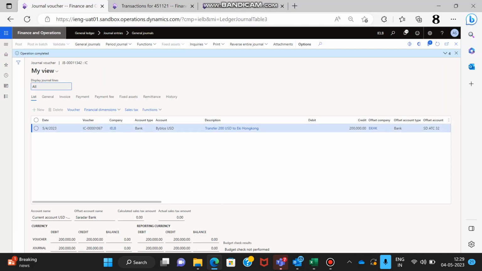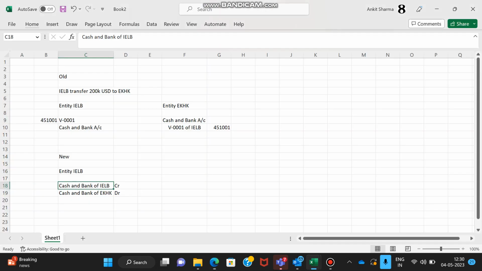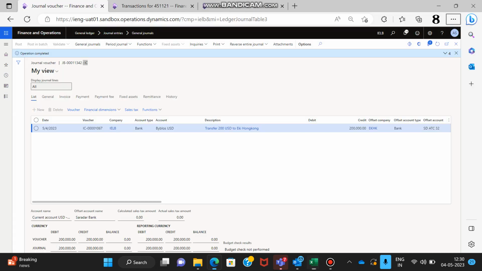If I go to the general journal and select the intercompany voucher, you can see IC voucher, and I will select the bank. The bank account of IELB is credited, so I'll select the bank account from which IELB transferred the fund to Ekistruck Hong Kong, with the description 200k.